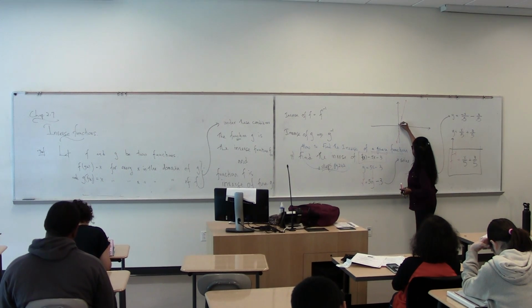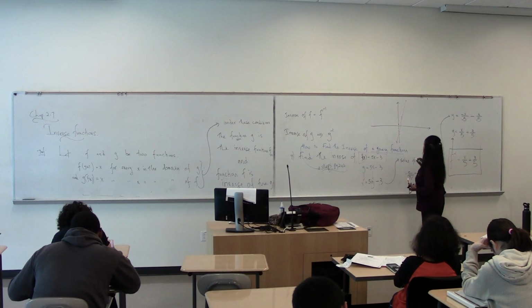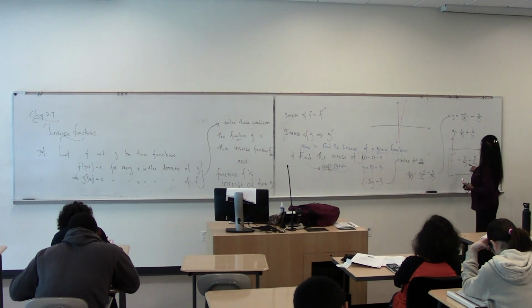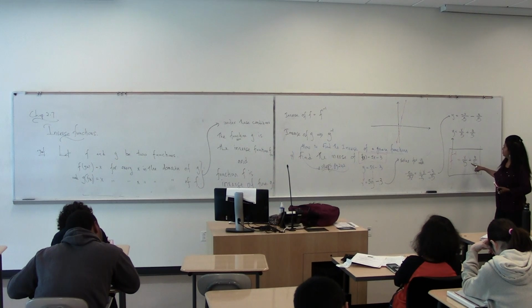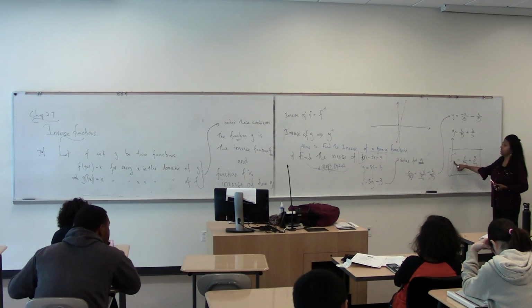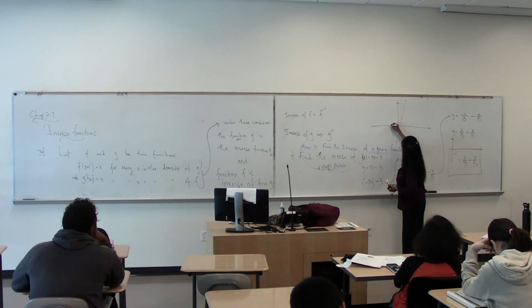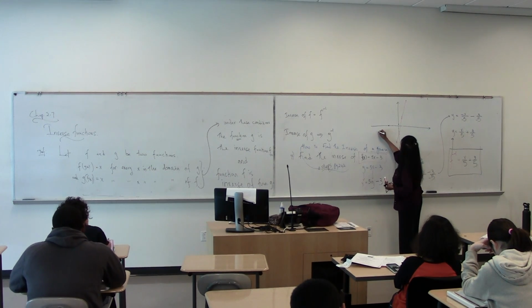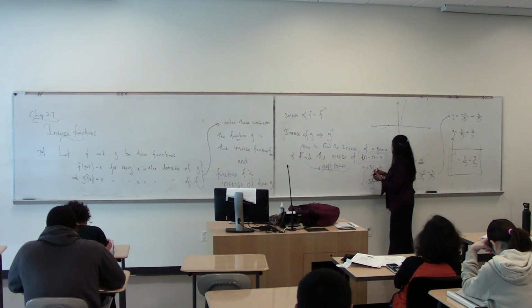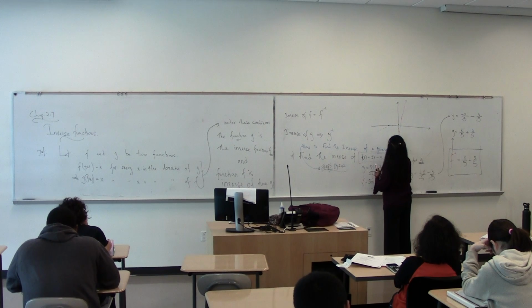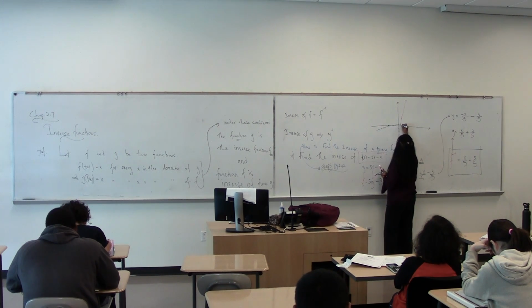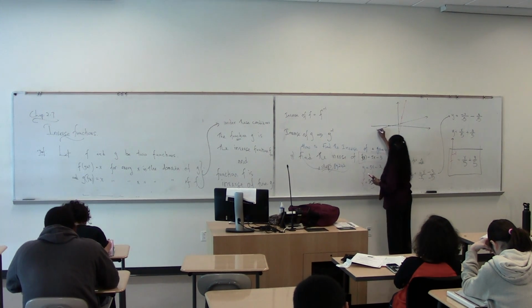What's the x-intercept? When y is 0, solve for x, and it is -3. So I'm going to graph this line by using the y-intercept and x-intercept.